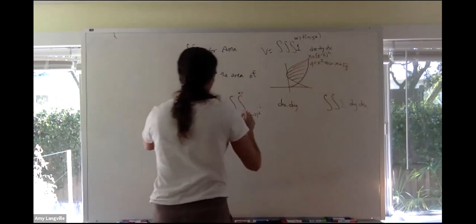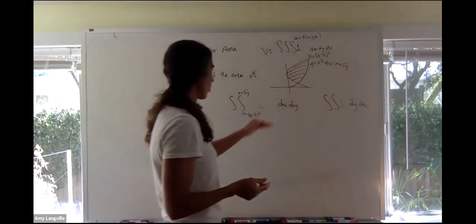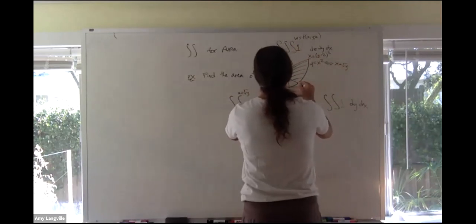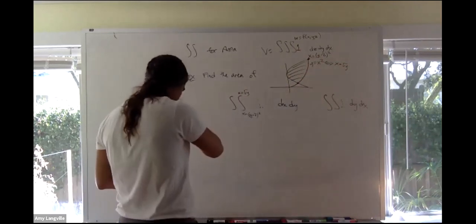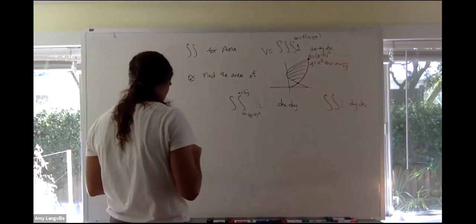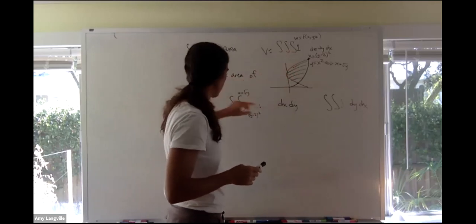We're just doing the positive part there. And then y goes from, and we have to get these points of intersection, from there to there. We'll come back to that.